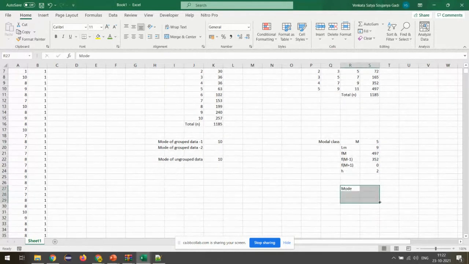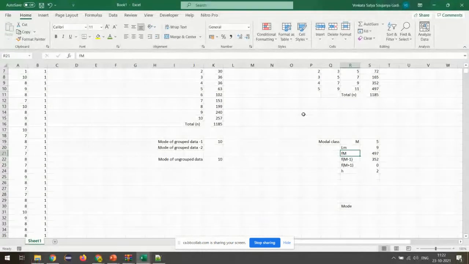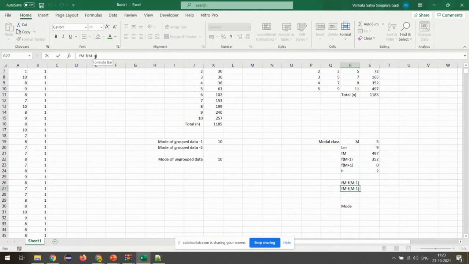So what differences do we want to calculate? We want to calculate fm minus f minus 1 and fm minus f plus 1.